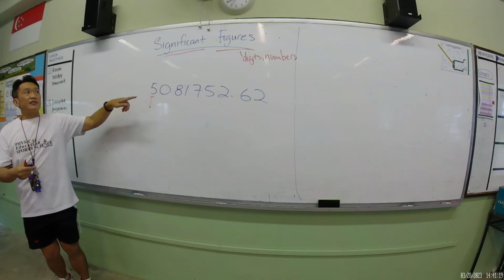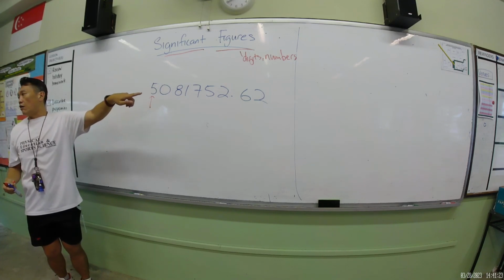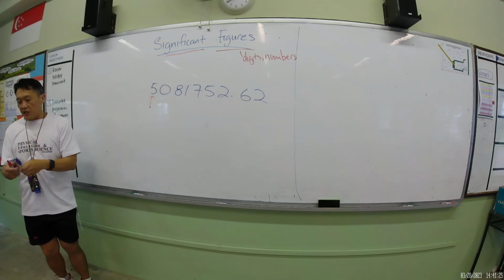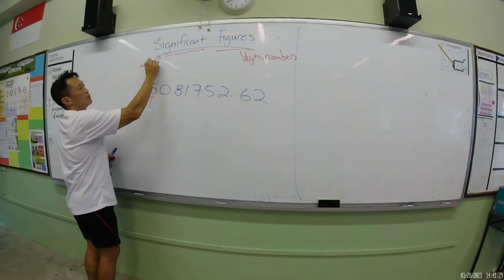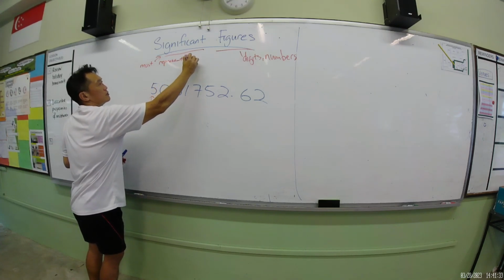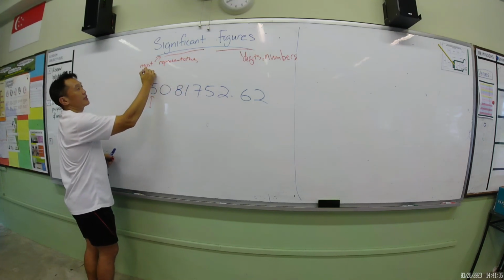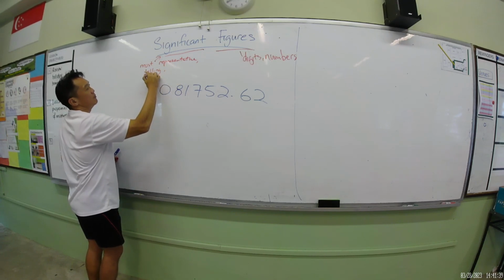So 5 is the most significant figure out of all these numbers. So significant means the most representative, or the most telling, the most important.